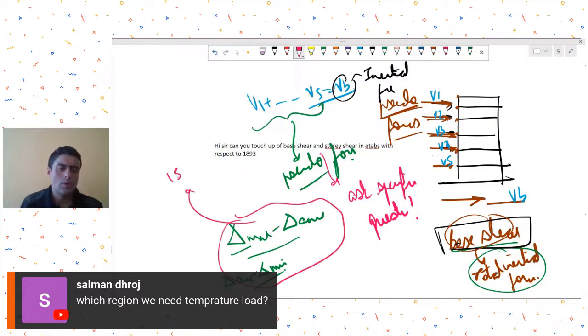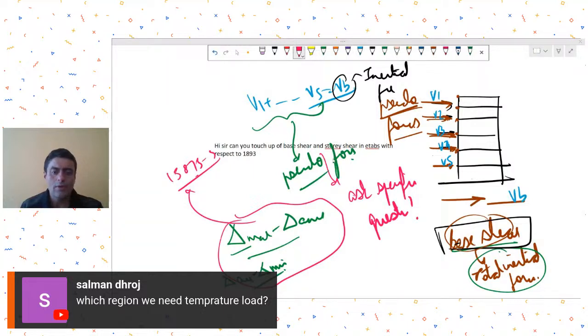So you go to IS 875 part 5. Over there you will see isotherms given for maximum temperature and minimum temperature at a location. They have given a map of India with isotherms.